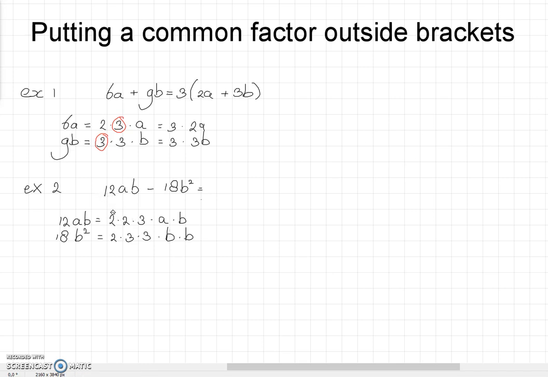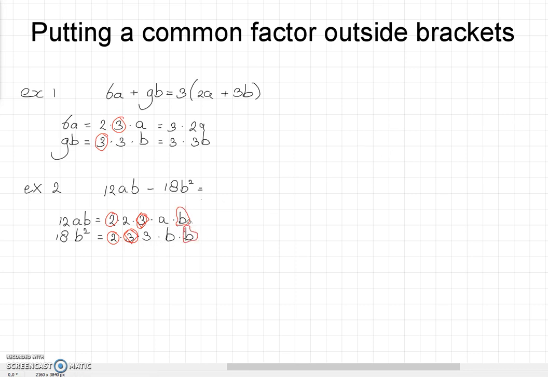We can see that there's a 2 in this factorization and there is a 2 in this factorization. Now there's another 2 in this one, but we already used this one and there's no second one, so they don't have the other 2 in common as well, but they do have a 3 in common. And they also have a b in common.